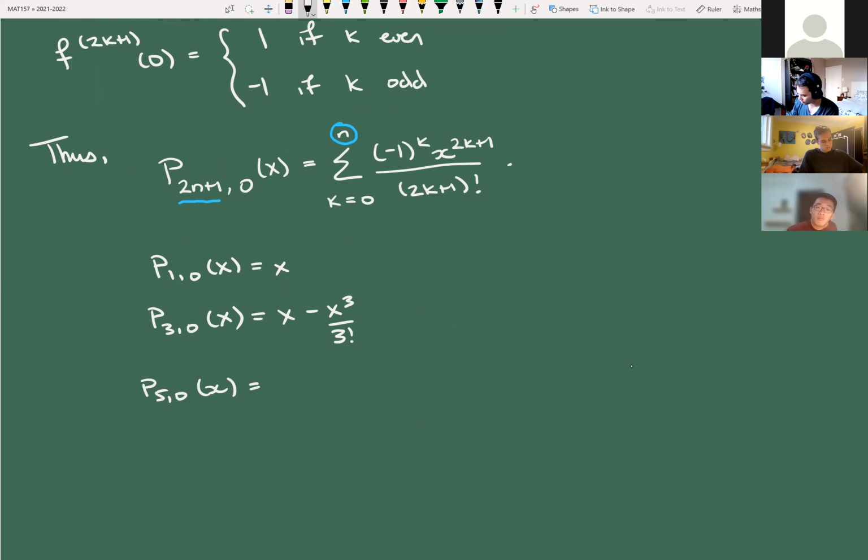It's just that they're not special, right? They're just the previous odd powered one. Plus x to the 5 over 5 factorial, p to the 7. We'll stop at p to the 7. x cubed over 3 factorial plus x to the 5 over 5 factorial minus x to the 7 over 7 factorial, like that. And so you get this very nice symmetry, right?